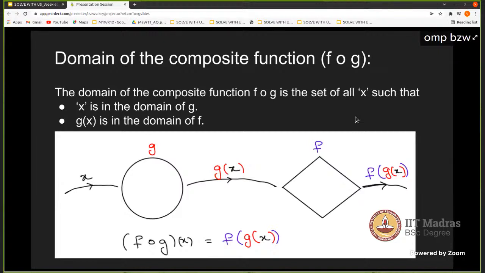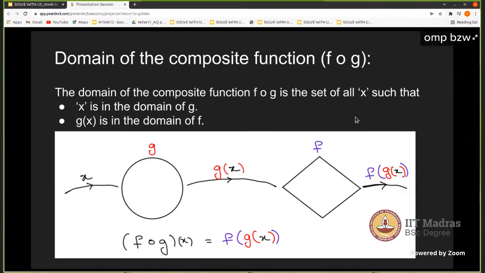So how we do it is, this domain is nothing but we are taking all the values of x such that, first and foremost, that particular x should be in the domain of G. Why? Because that particular x will go into this particular machine or function G first.